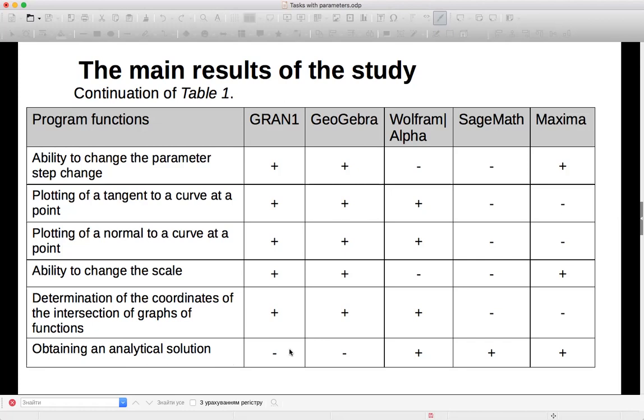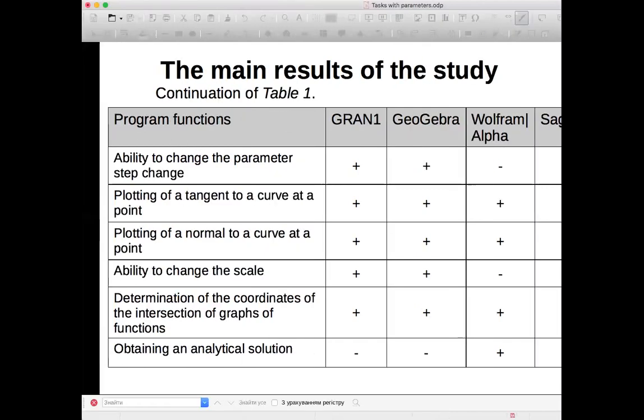We can see that software Gran 1 and GeoGebra also have all listed functions except the last one. And in general, these programs have the largest list of considered functions.